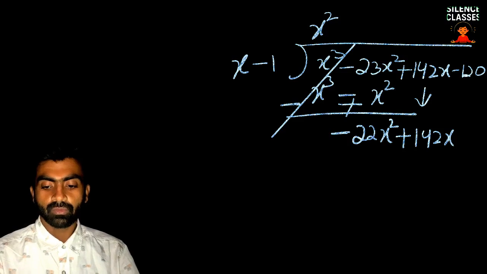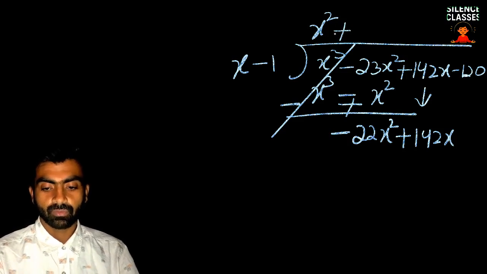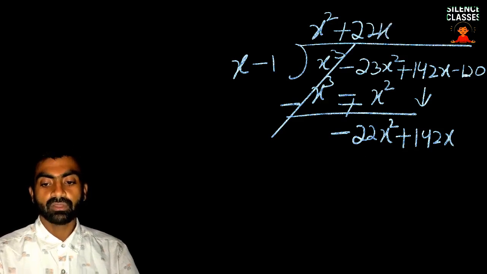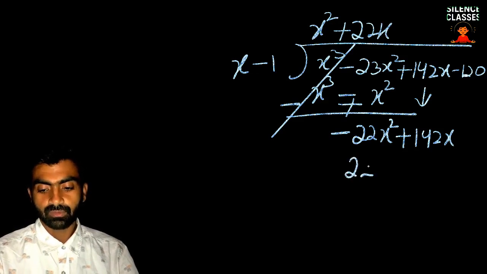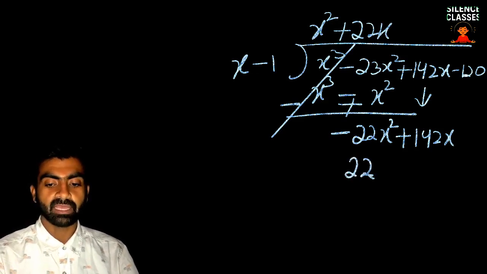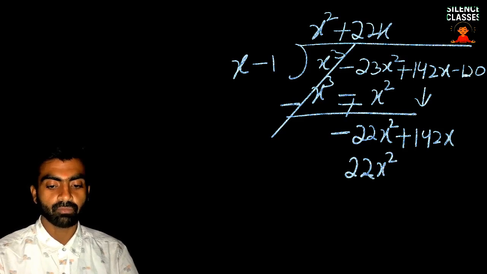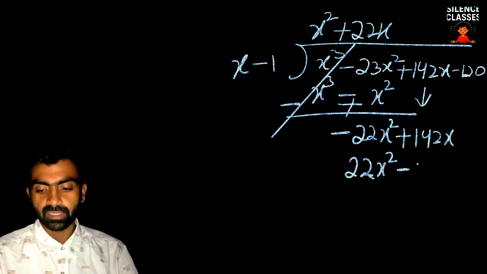Okay, so minus 22 we have to get, so we will write it down, plus 22x multiplied by x will become 22x square, and 22x multiplied by 1, with the minus sign, plus minus will become minus 22x.